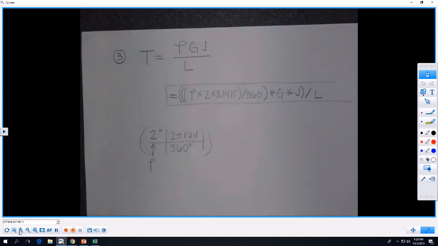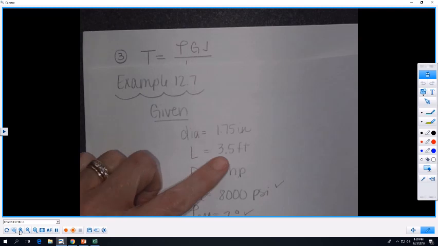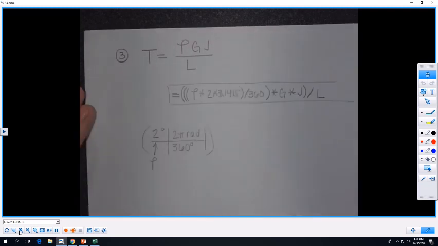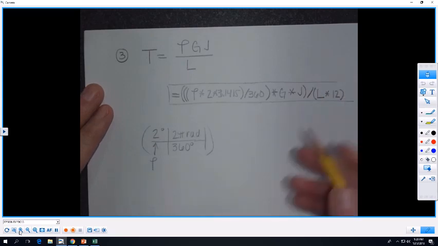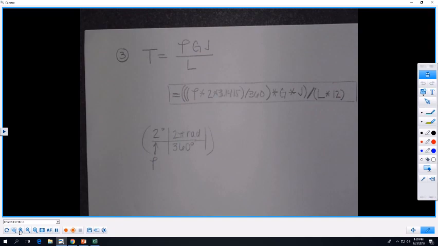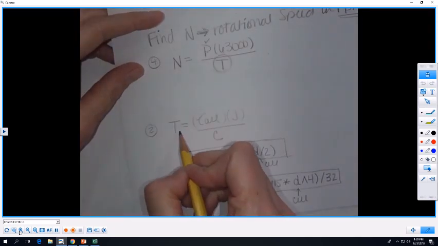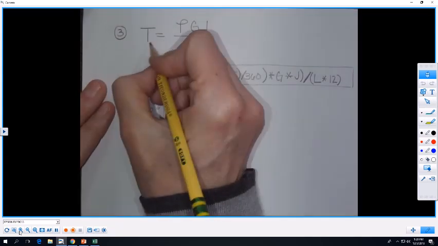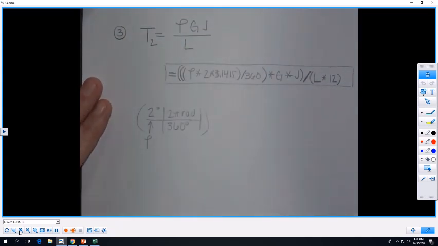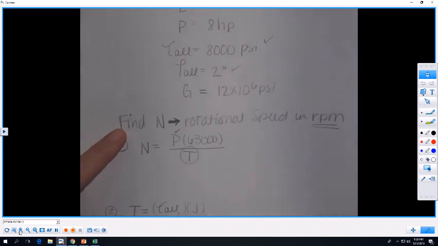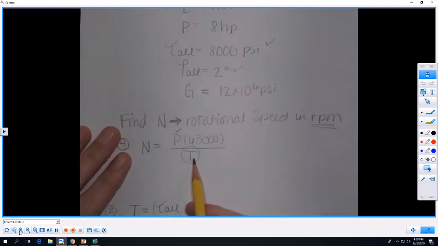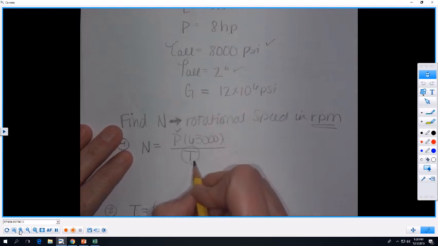Now, in this problem, L is given in feet, right? So I've got to take L times 12 and put parentheses around both here. Now, I'm going to call this T1, and T2. Once I get my values for T1 and T2, the smaller of the two is going to go in here.